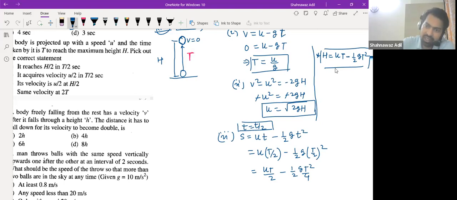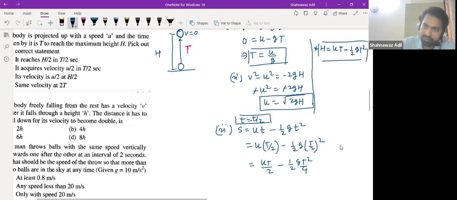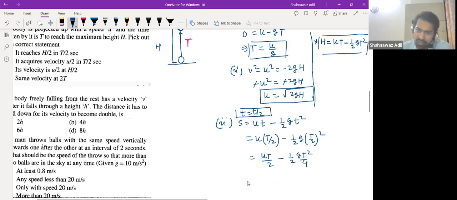Let us separate these terms. So this is ut minus, let us take 1 by 2 power, so this would be ut minus 1 by 4 gt square, right?